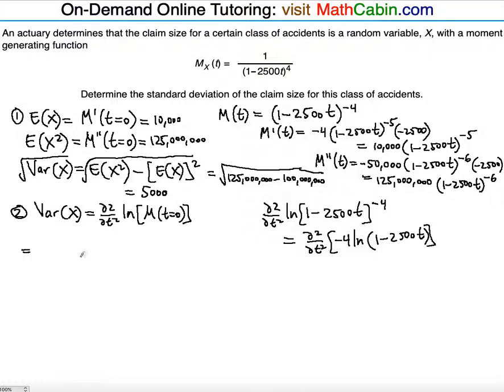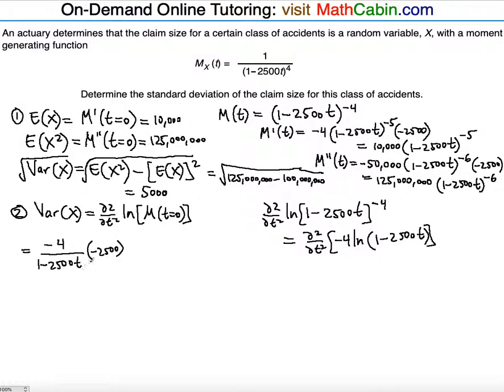The first derivative is -4 over the input, 1 minus 2500t, and then multiplied by -2500, right? So that's it.